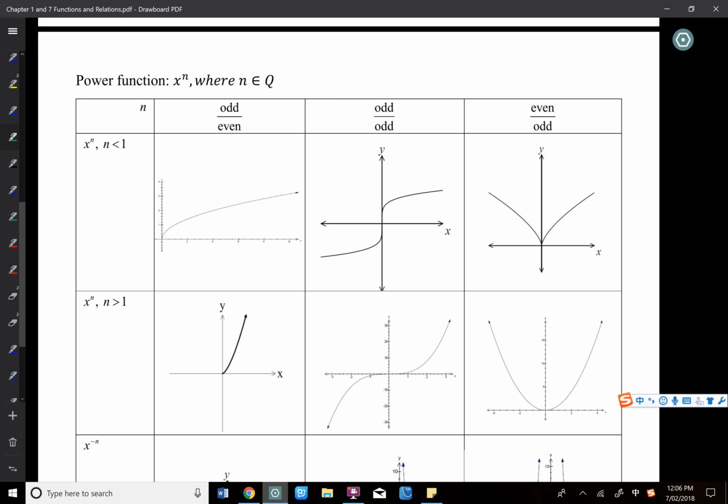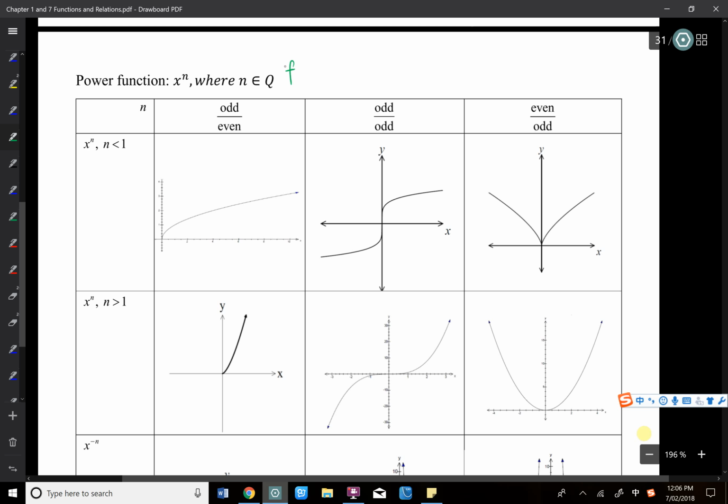Power functions in which n is a rational number, which means it's a fraction. Fraction power. Well, you can say 3 is a fraction number, 3 over 1. We have different types of fractions.